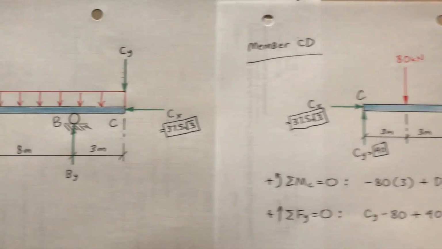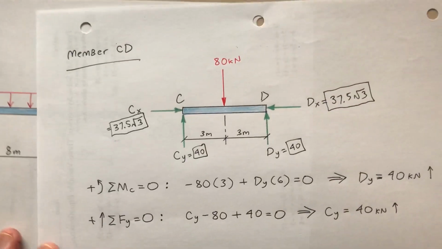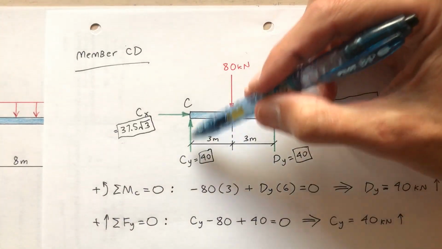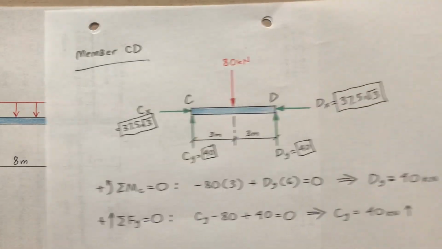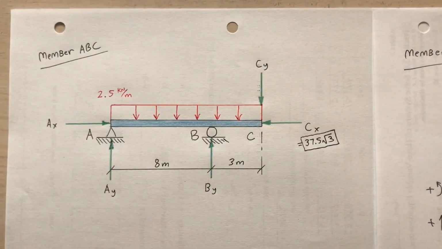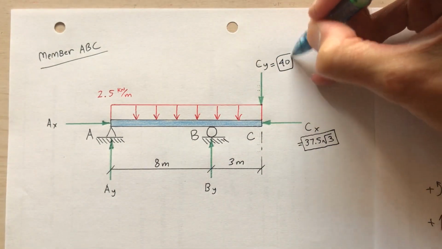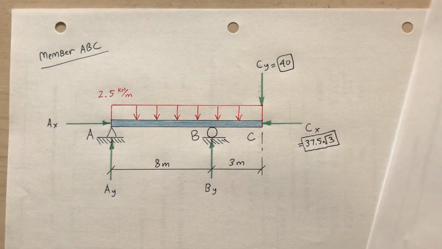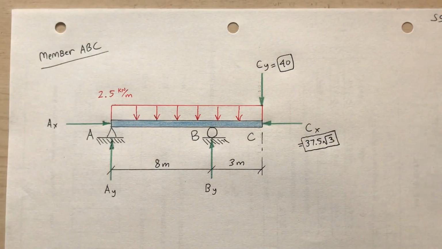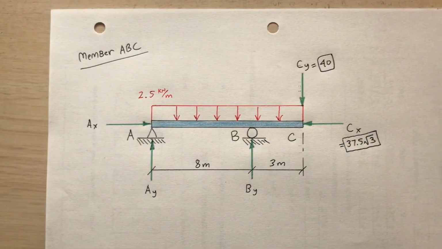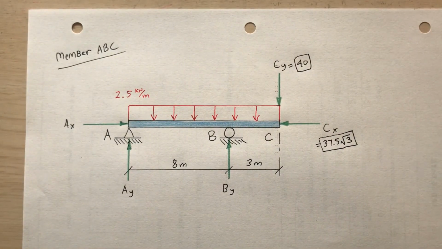Now what about C sub y? When I analyzed CD, I had C sub y going up 40. Where it meets ABC, it's going down 40. So I'm getting those from my analysis of CD. So I've got 3 unknowns.